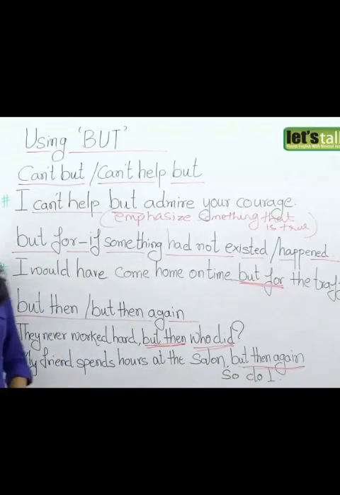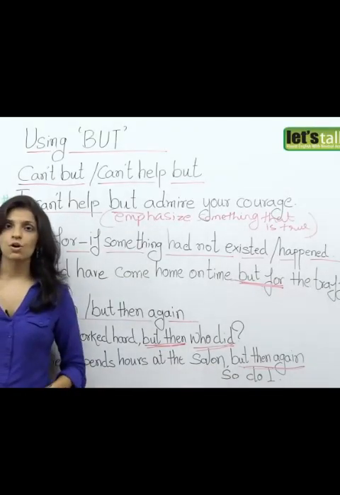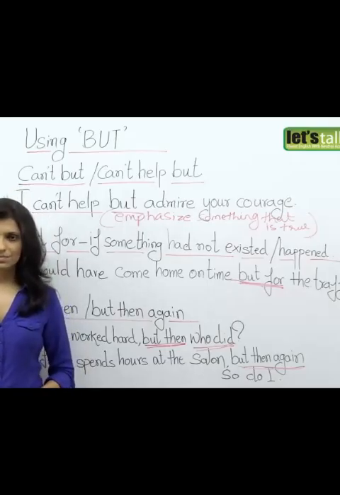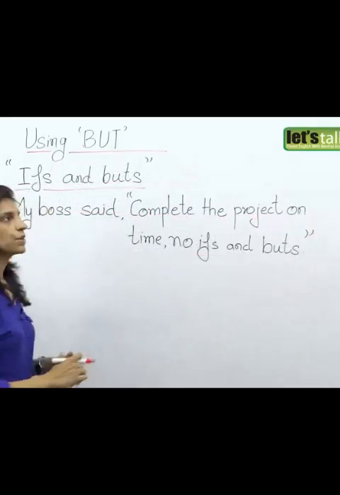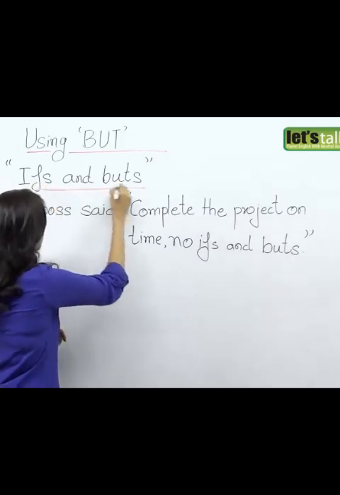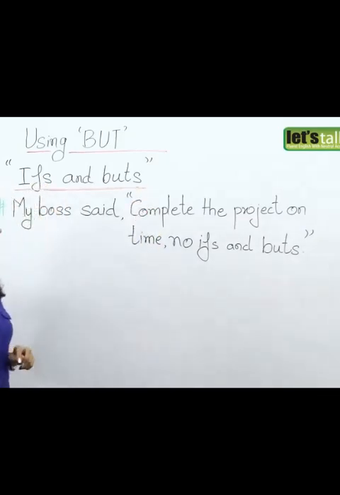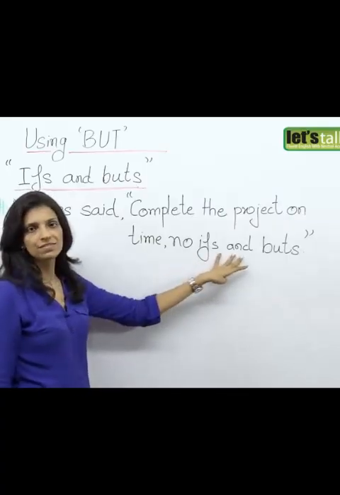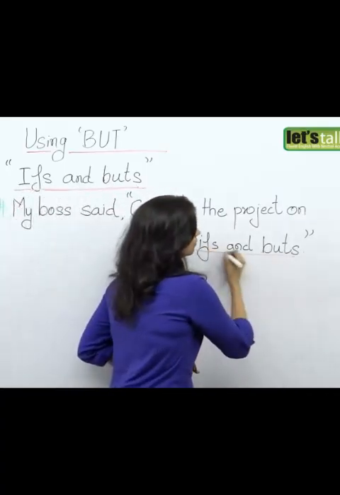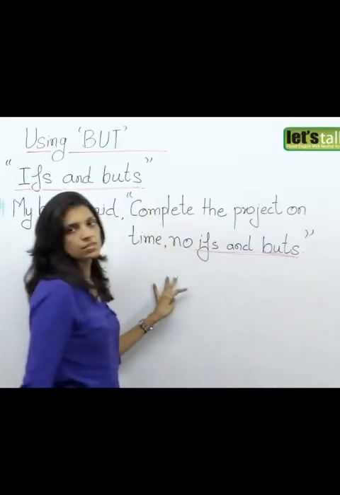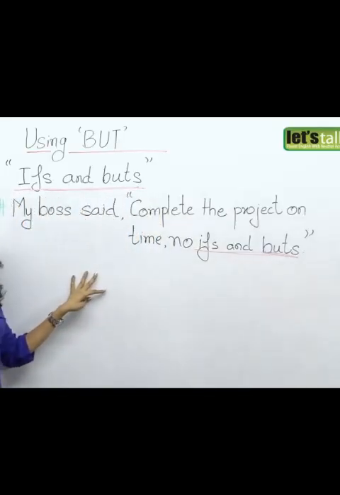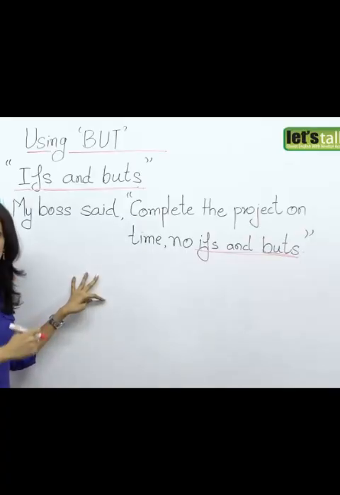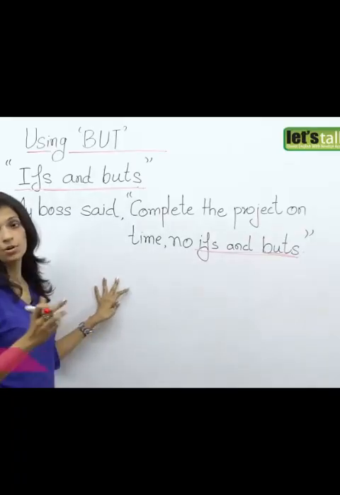Alright? So now I'm going to take you through another use of the common expression but. Well, so now we look at the expression ifs and buts. Well, my boss said complete the project on time, no ifs and buts. Now we use no ifs and buts to say no excuses. So anything that you say is not good enough for reason, we say, hey, listen, come on time, okay?